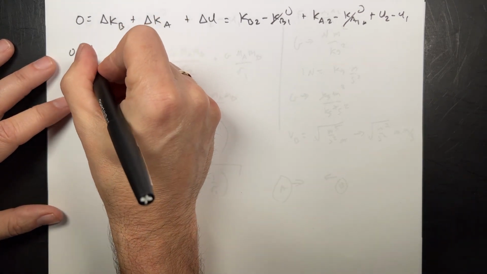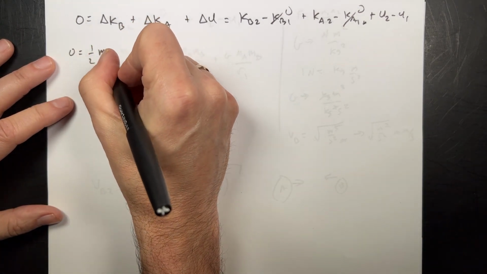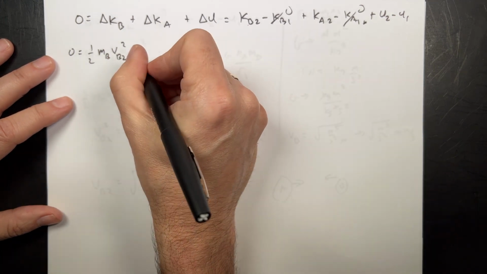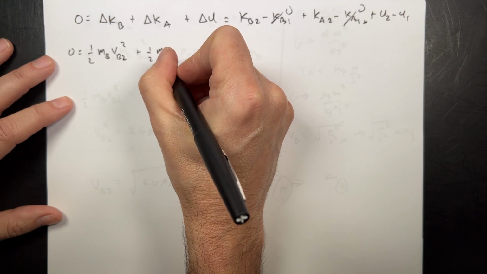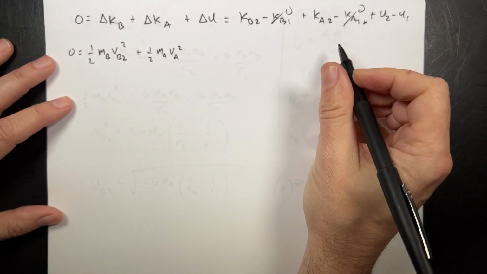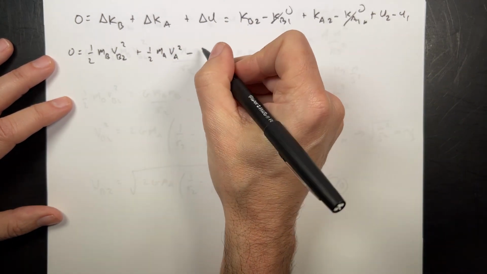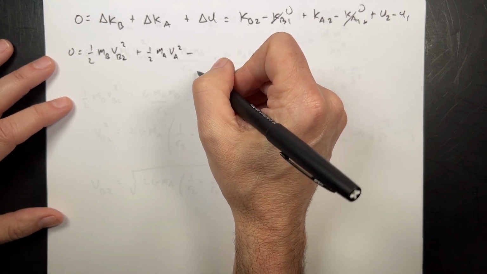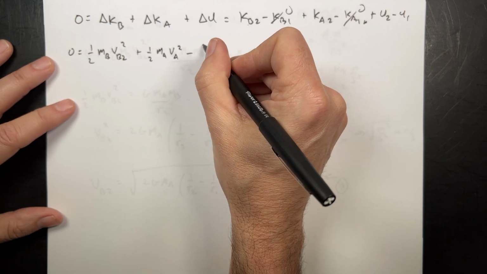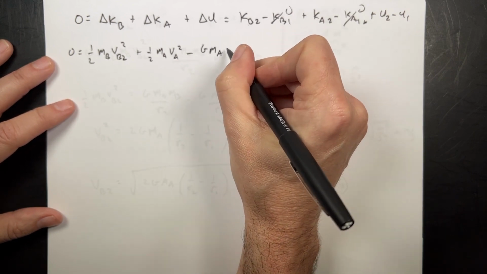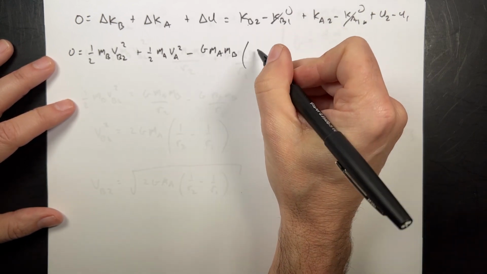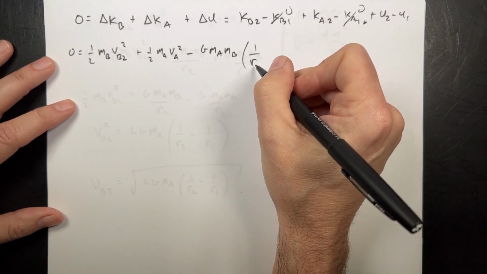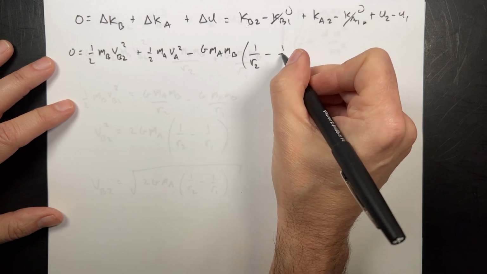So I have 0 equals 1/2 MB VB2 squared, plus 1/2 MA VA2 squared, and then minus G MA MB times (1 over R2 minus 1 over R1).